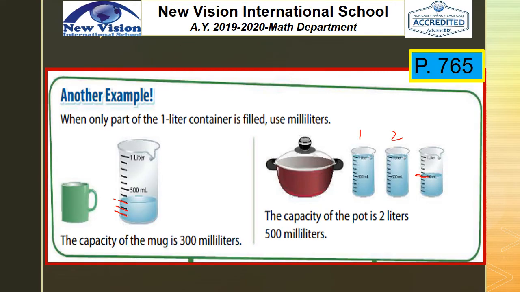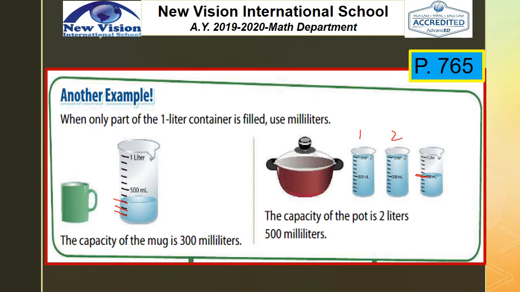Very good. Now I want you to open your book to page 765. Let's do another example. When only part of the 1 liter container is filled, use milliliters. The capacity of the mug is 300 milliliters.